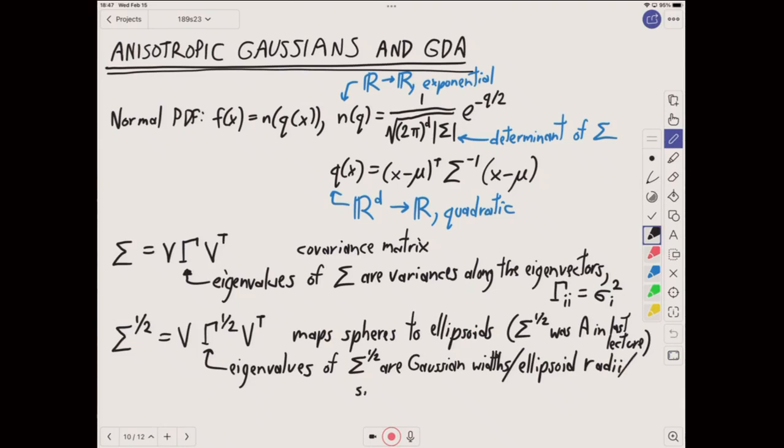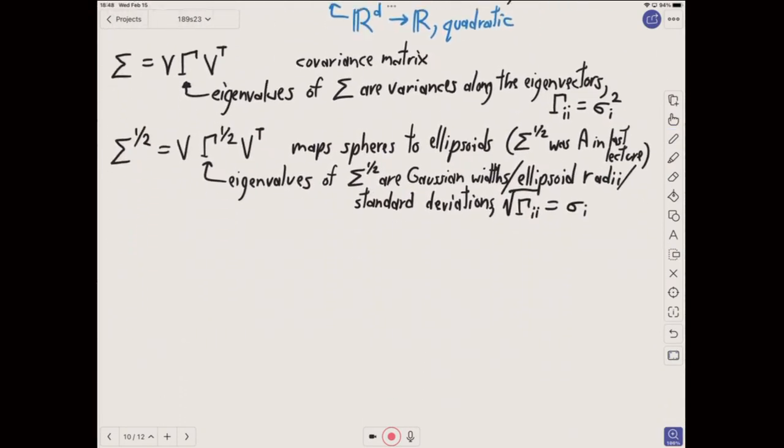But of course, they're also just known as the standard deviations. So the square roots of the eigenvalues of the covariance matrix are just the sigma i's, our standard deviations.